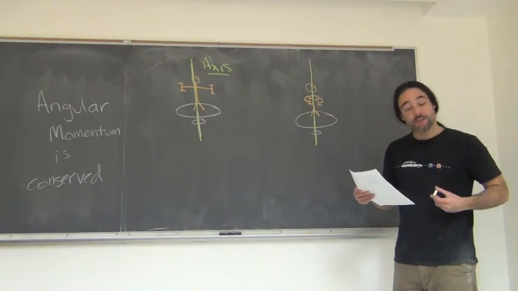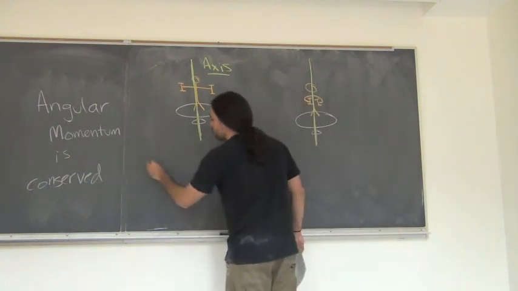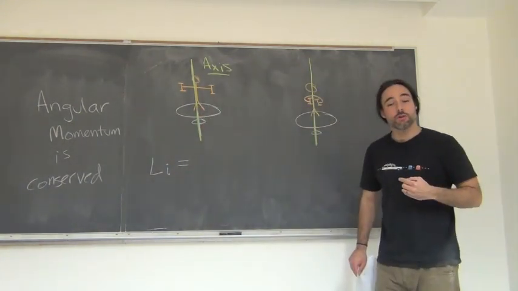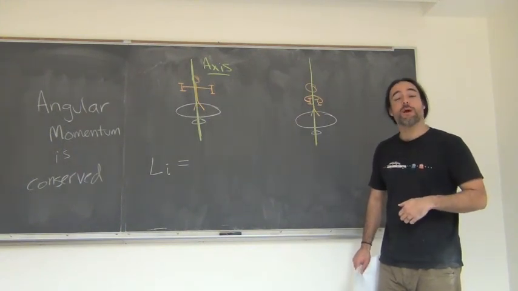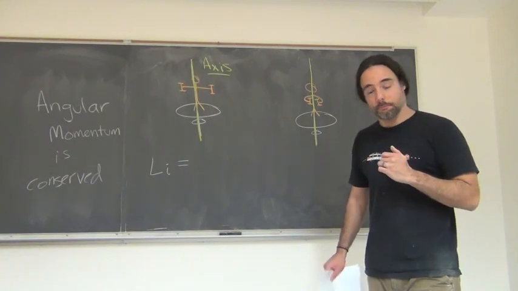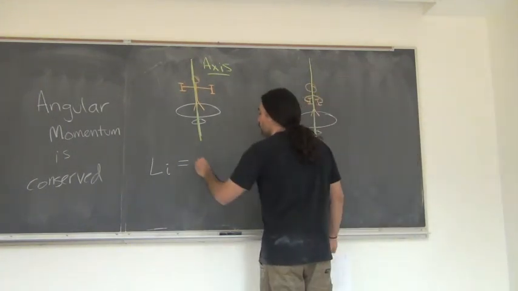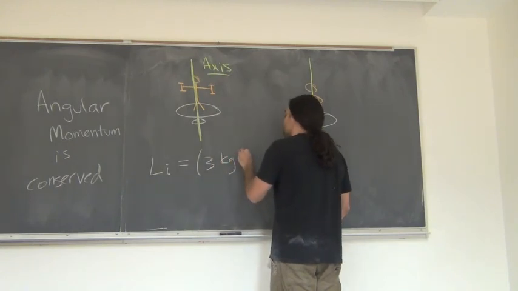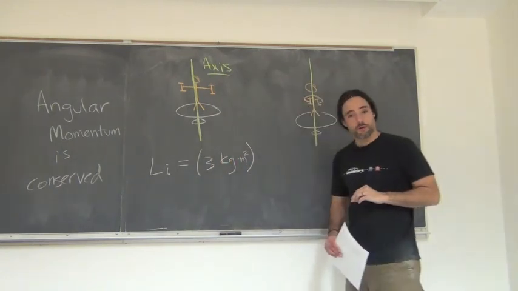We can do a quick calculation of this. So suppose I'm looking at his initial angular momentum in the same way that we would look at initial momentum if we were conserving momentum. Well, Zach's angular momentum, I'm making up numbers here. Let's say it's 3 kilograms meters squared for that moment of inertia.